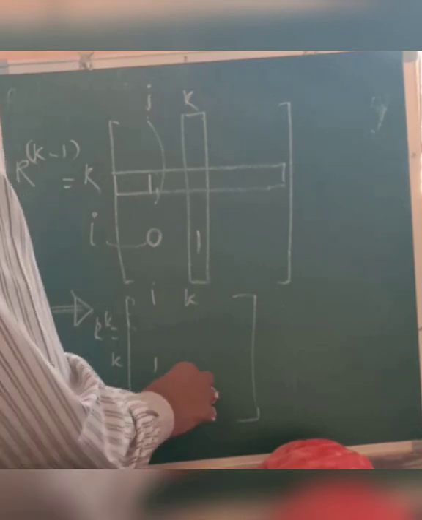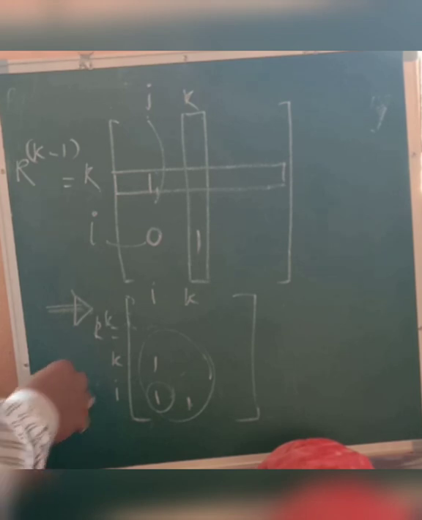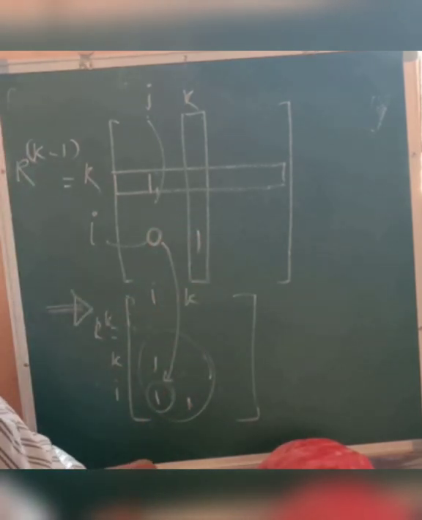I will make all these three 1s, so 0 changes to 1. This is called the rule of changing zeros.